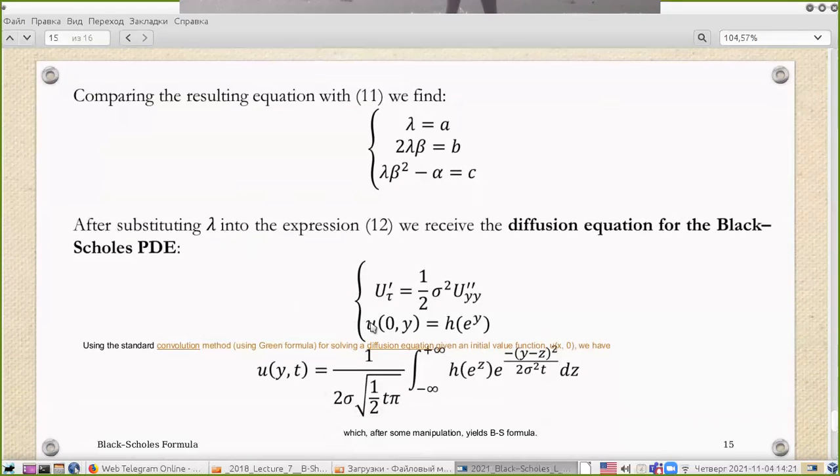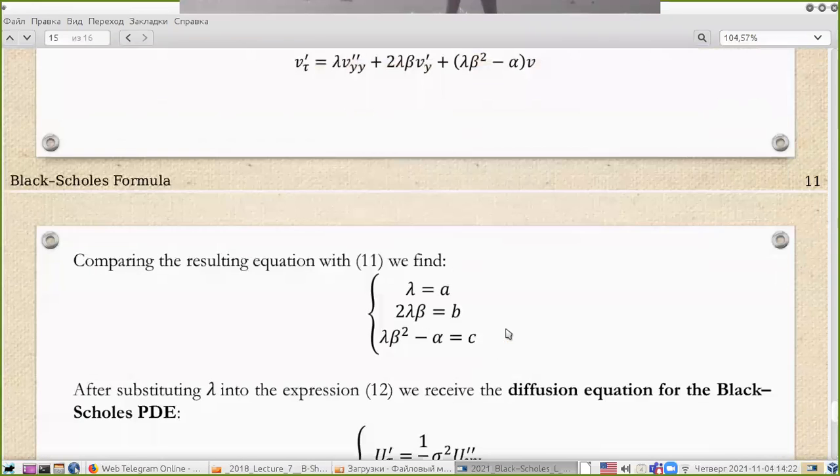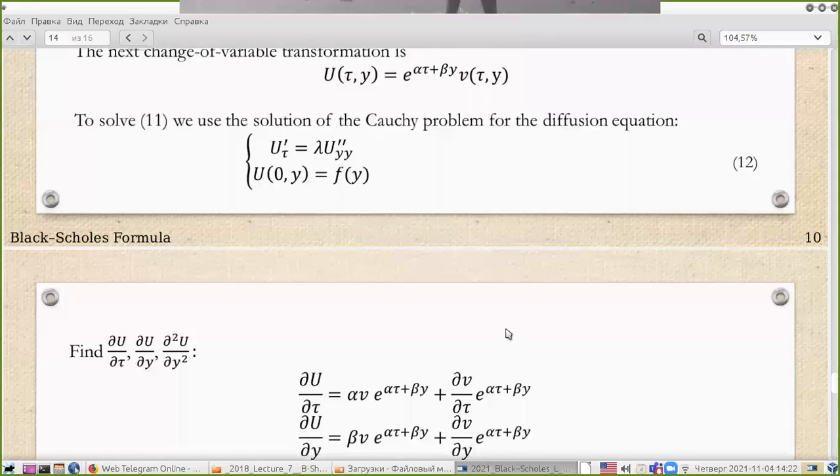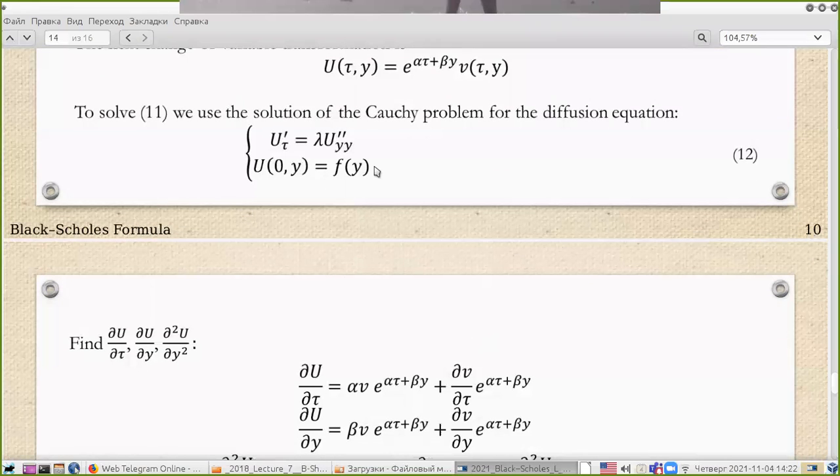It is the derivative of u with respect to tau equals one half sigma squared times the second derivative of u with respect to y, and this is the initial condition.